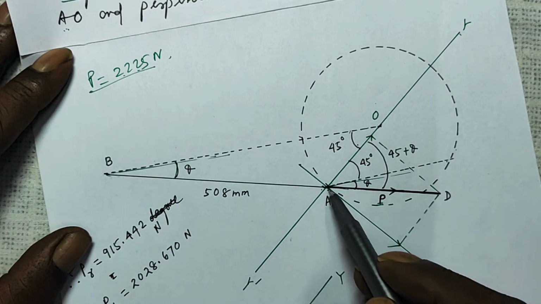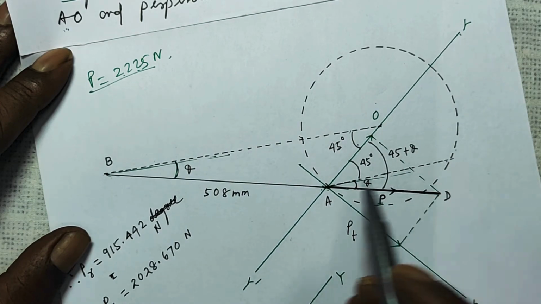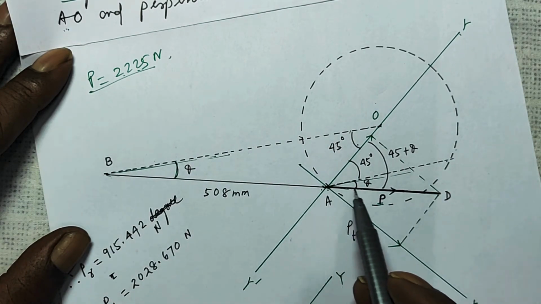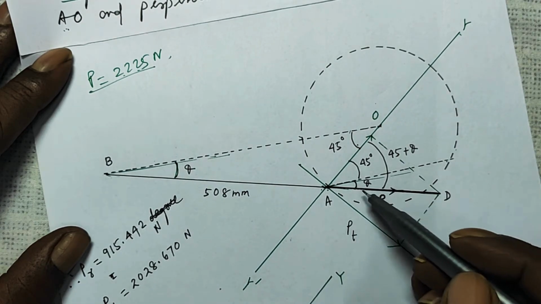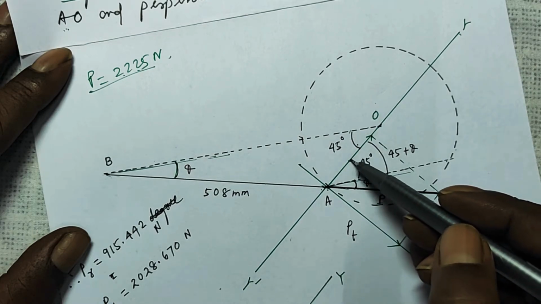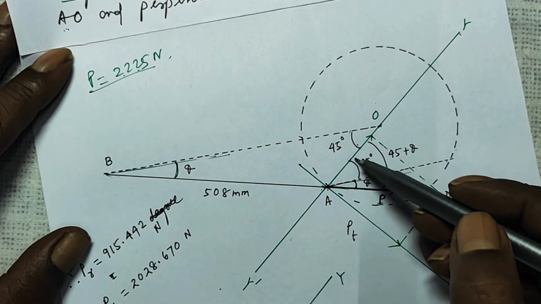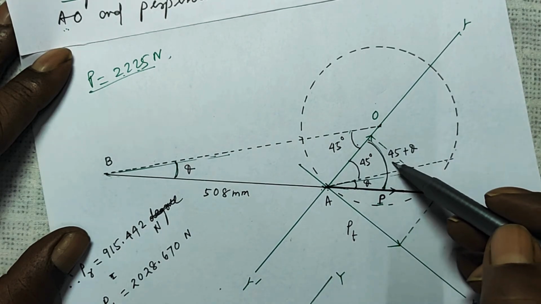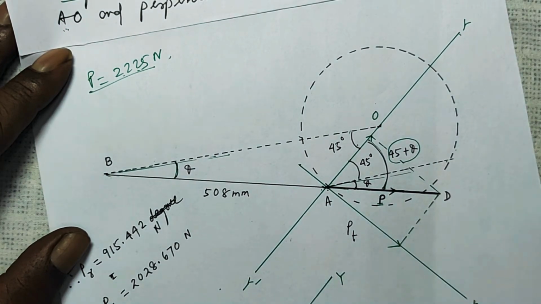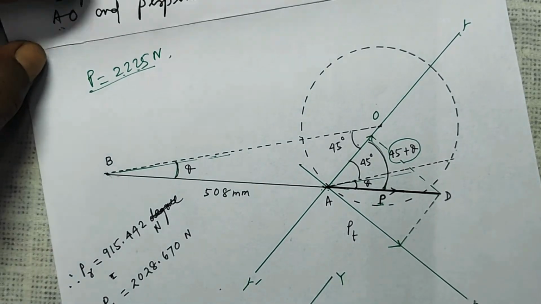This dotted line is parallel to this dotted line, and this is the transversal, so this angle is theta. From here to here is theta, and from here to here is 45. So the total angle is 45 plus theta.